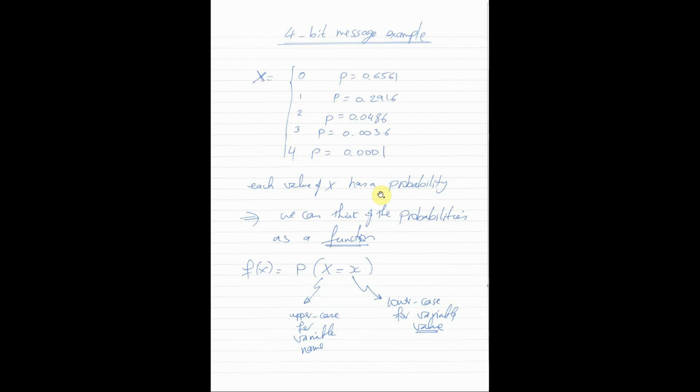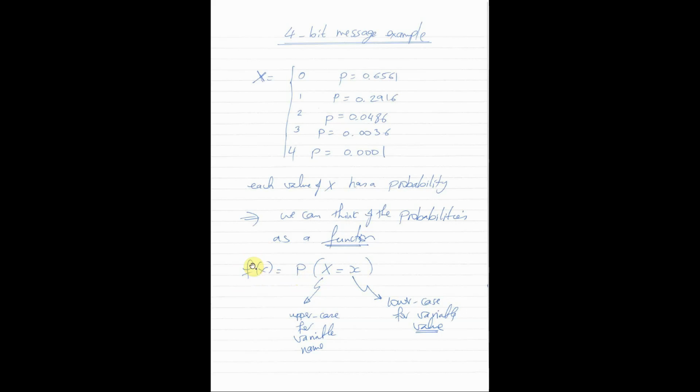Now, to set things straight, to come up to a conclusion here, we can think of these probabilities as a function on the variable values. You know, a function is always a mapping, so each variable value is mapped to a probability. So we can think of these probabilities as a function f of x, which is just defined as the probability that the variable is equal to some value small x.